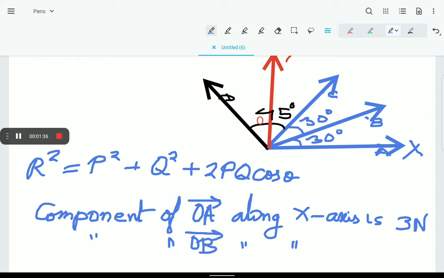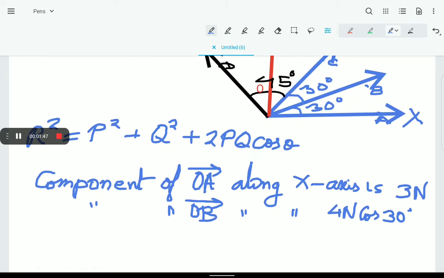So the component of OB is 4 Newton into cos 30 degree, and that's equal to 4 into, sorry, cos 30 degrees is root 3 by 2. So 4 into root 3 by 2.